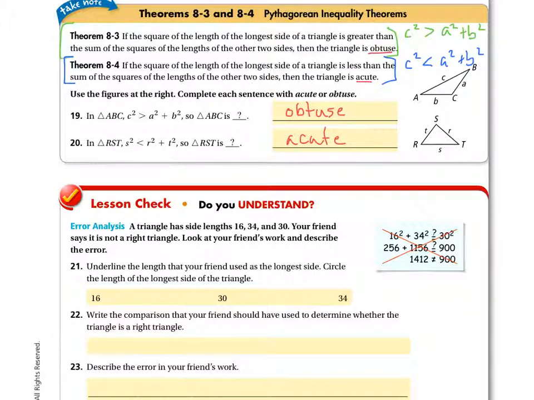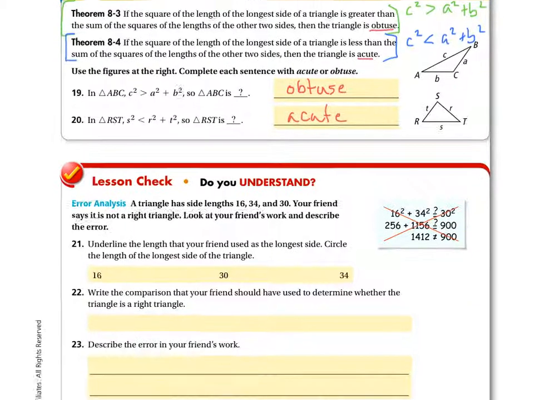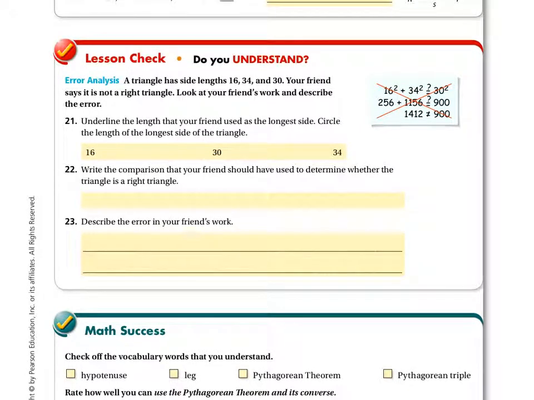So then I want you to do the lesson check on your own. And they kind of walk you through it, 21, 22, and 23, so I'll give you 2 minutes to complete that. A triangle has side lengths 16, 34, and 30. Your friend says it is not a right triangle. Look at your friend's work and describe the error. So your friend has an error. So you find it. Work.